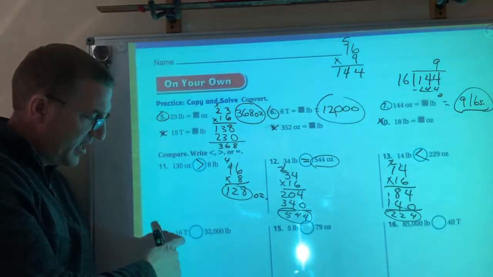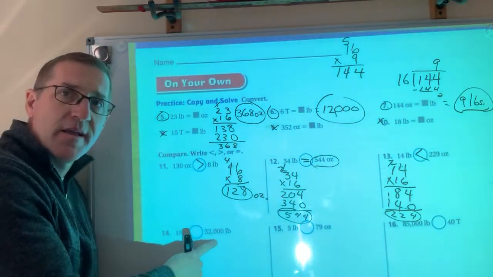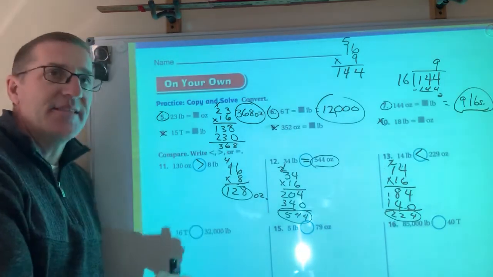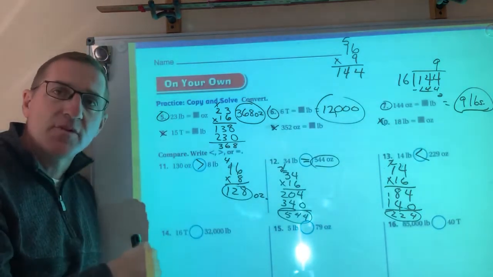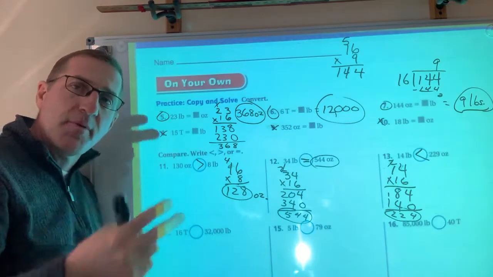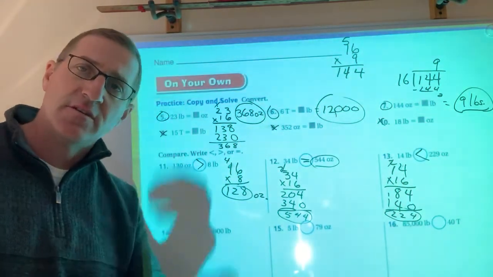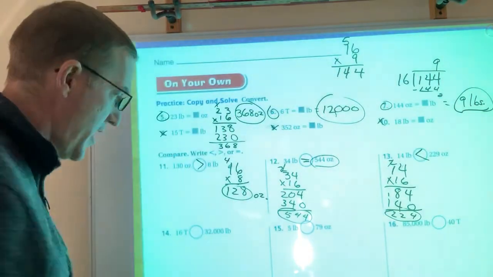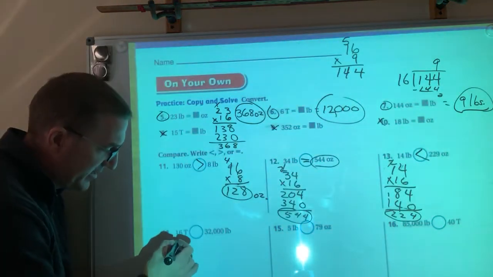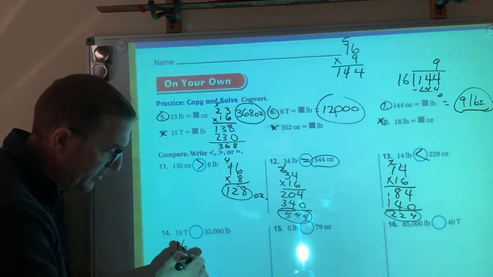All right, I've got tons and I've got pounds, all right? And you could divide this too, but I think it's still easy to multiply. Remember what we said? We're going to multiply by 2 and then add how many zeros? 3 because it's 1,000, right? So I'm going to take my 16 times it by 2.